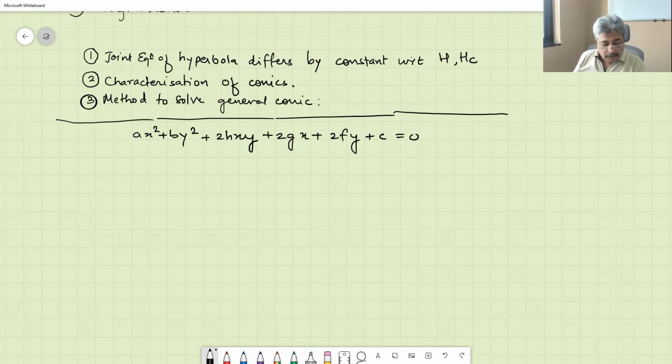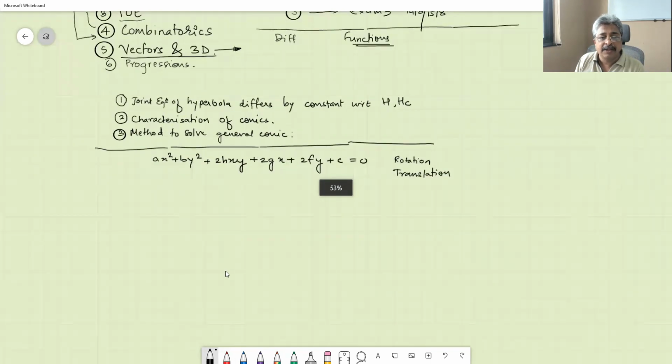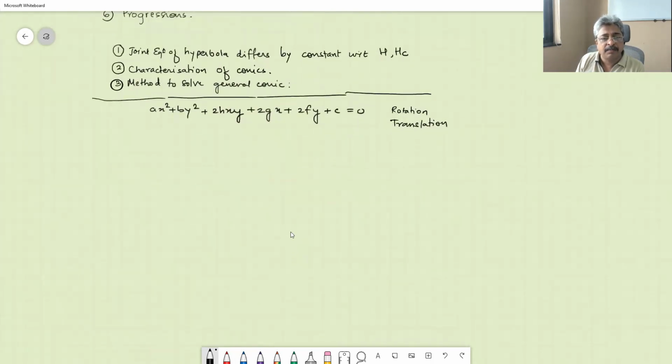Now, we have got two transformations with us to rectify this general equation: rotation and translation. These are the two transformations which we can use to get these equations in standard form.